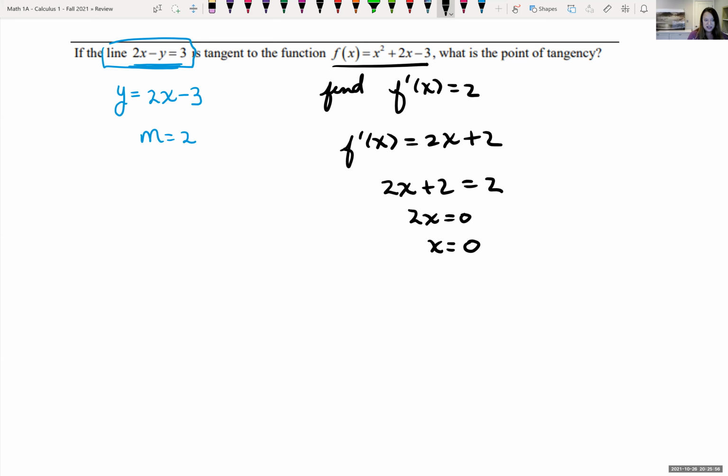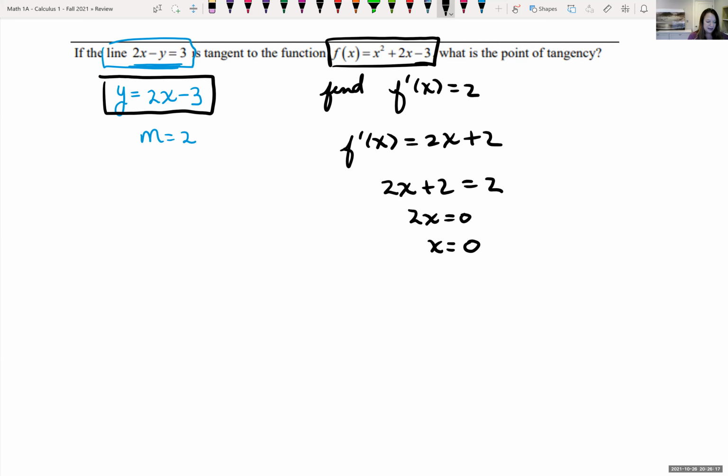So this is telling me that this occurs when x is 0, and we can find the point. We should be able to do it either way, plugging it back into our original function f of x, or using the fact that the point is also a point on our tangent line.